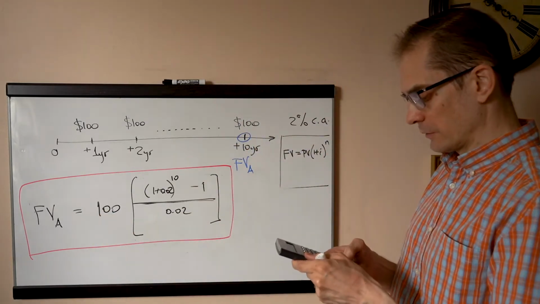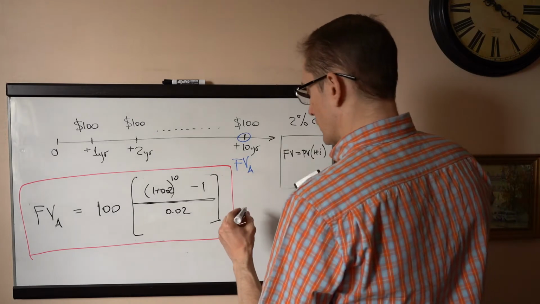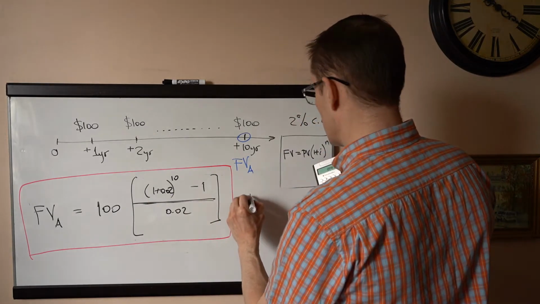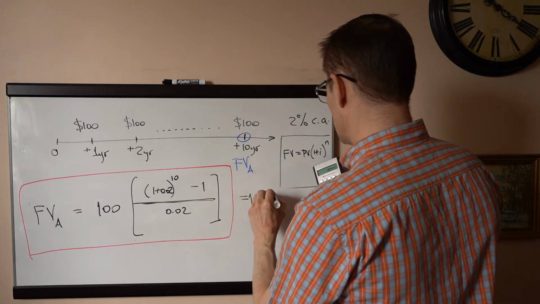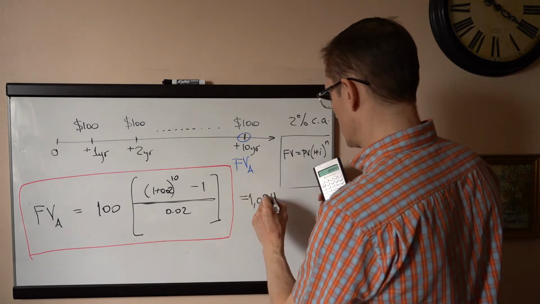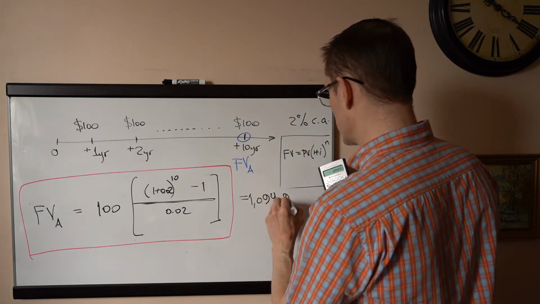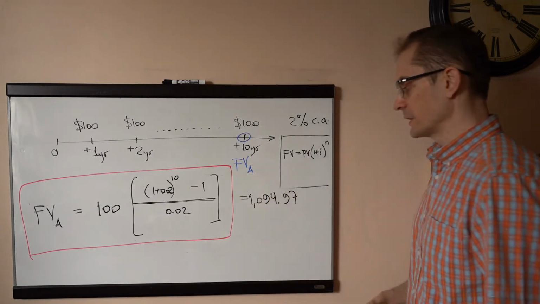So let me go ahead and do that. Okay, so if I calculate this, it will be 1094.97, rounded to 2 decimals.